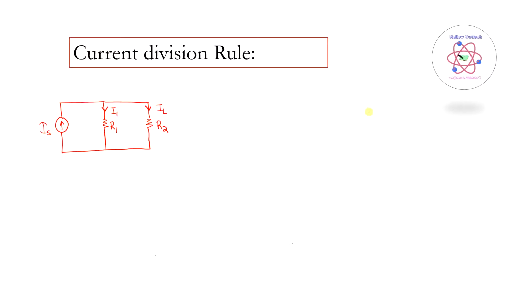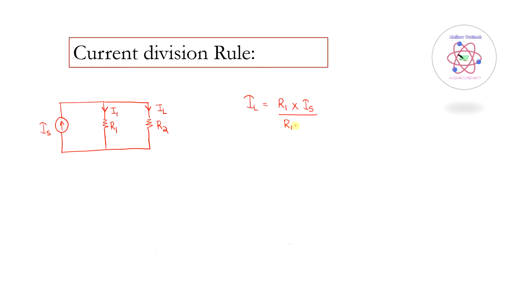If I want to compute the current across this particular branch IL, I can compute that as IL equal to the resistance in the opposite branch, that is resistance R1, multiplied with the source current IS, divided by the sum of all the resistors connected in parallel.